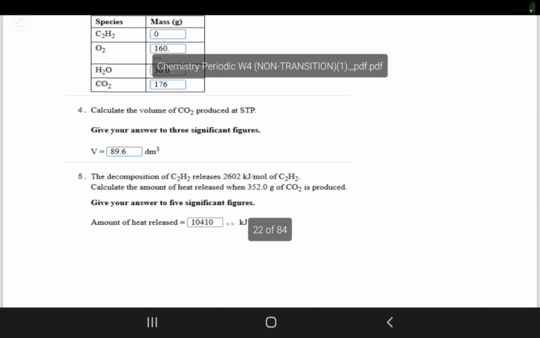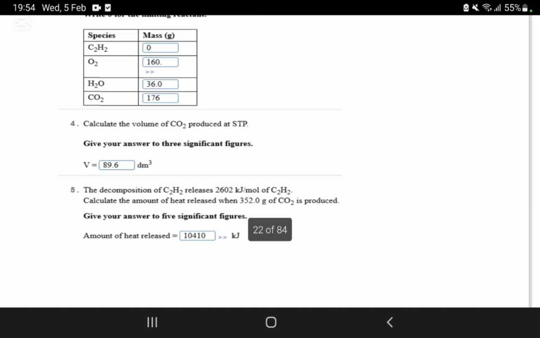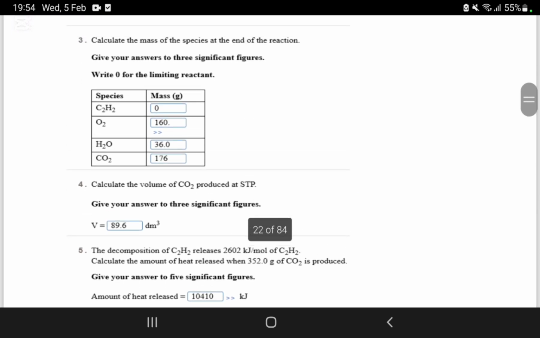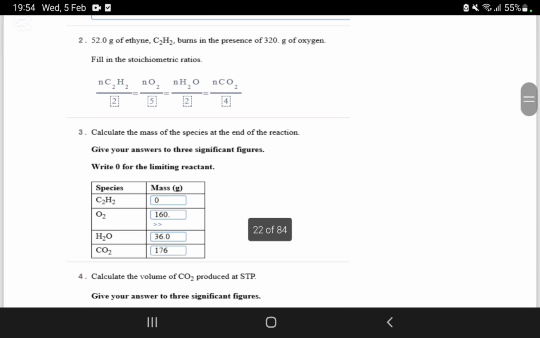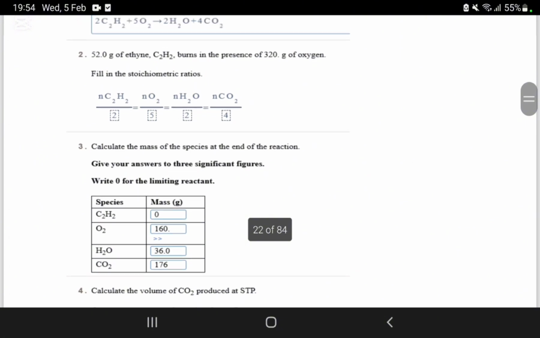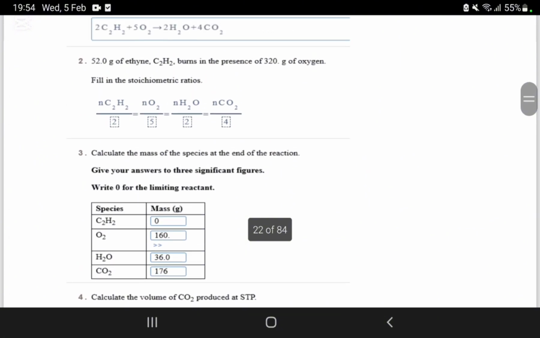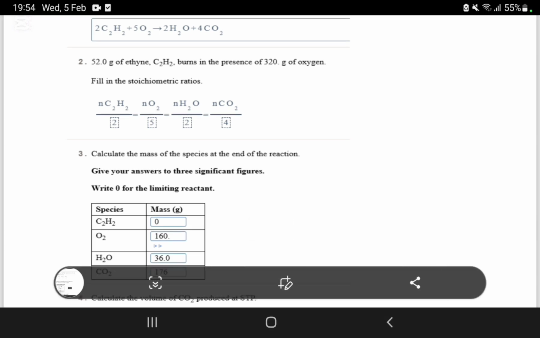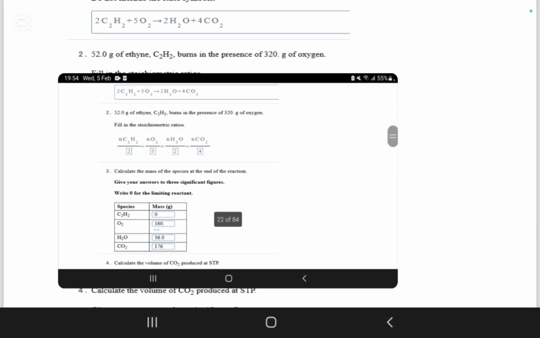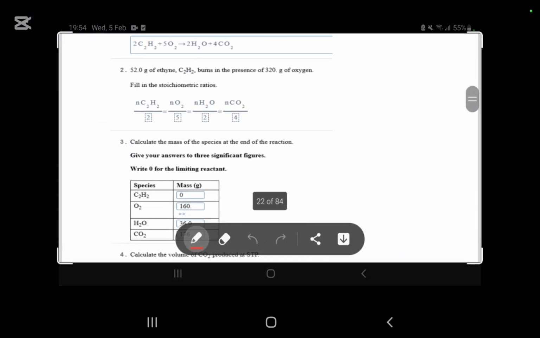Calculate the volume of CO2 produced at STP. We have the mass of CO2, right?